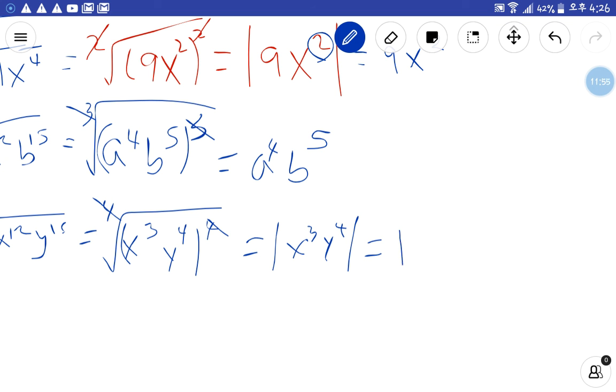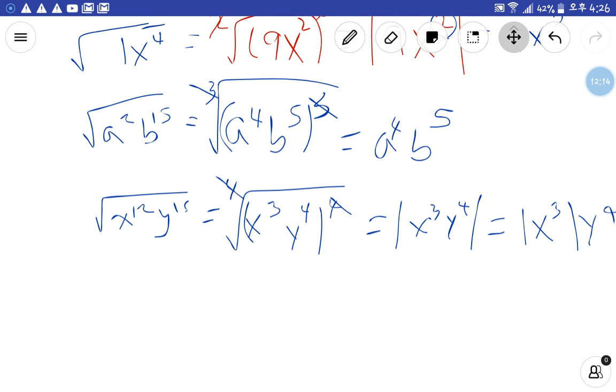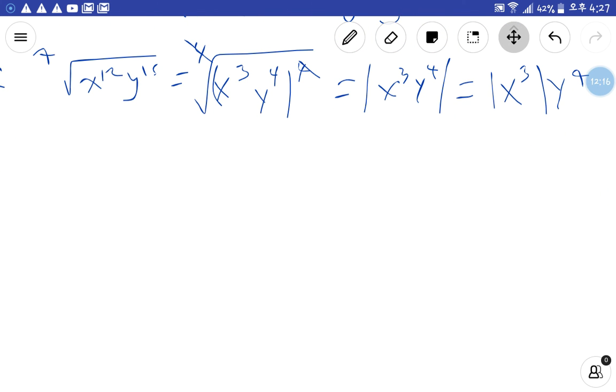So absolute value only with x cubed. y should be taken out of the absolute value symbol. So the absolute value of x cubed times y to the 4th power would be my answer for Got It 3. Alright, we still have time to go, so let me go to page 364.